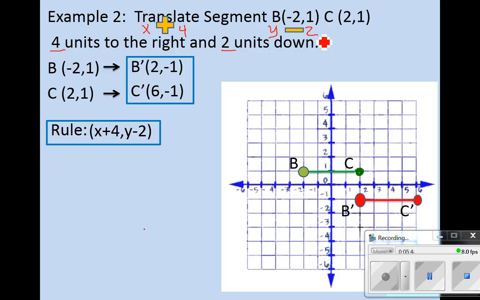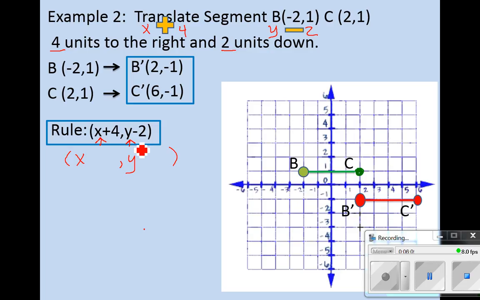If you have trouble with this, you can write rule and then make a big parentheses. This is a strategy for anyone having trouble. And you guys are already familiar with X and Y. We know that's what we're going to have in our rule. And we just have to figure out the numbers that go with it.